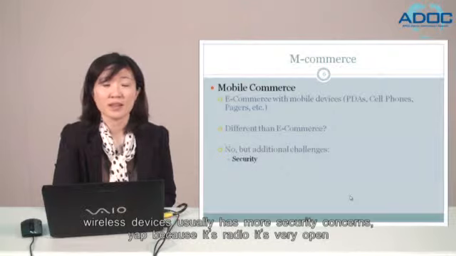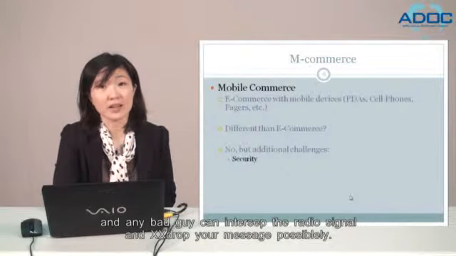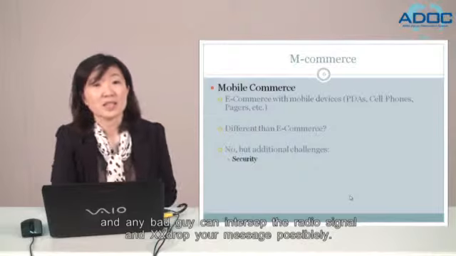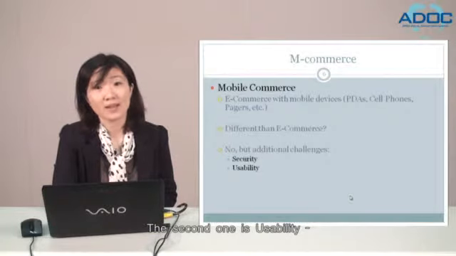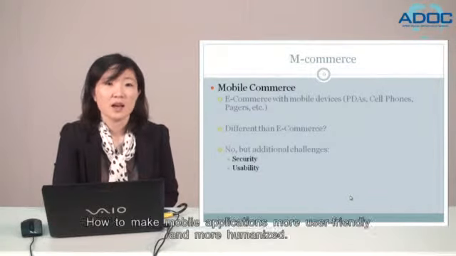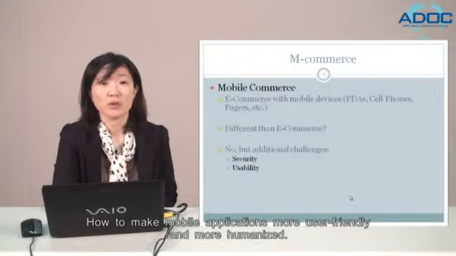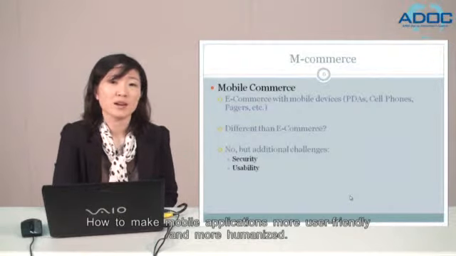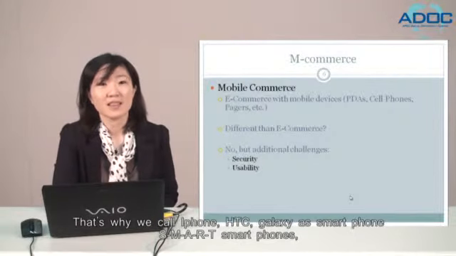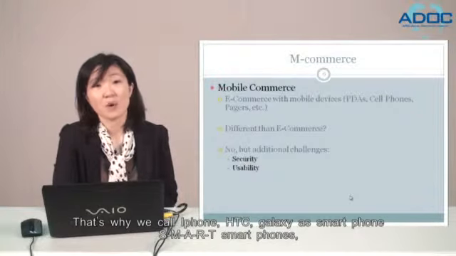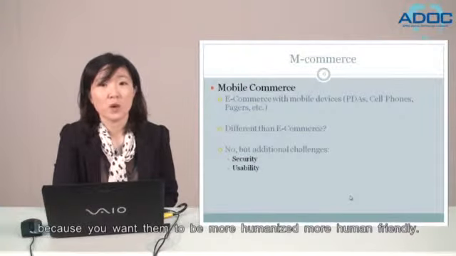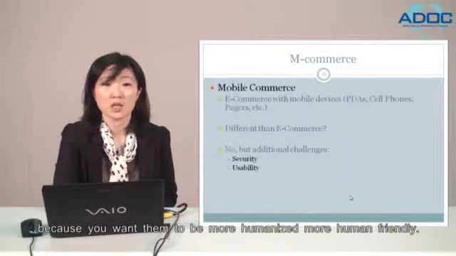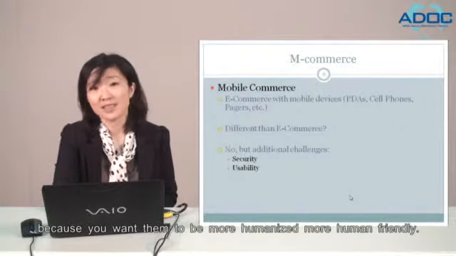It's very open, and any bad guy can possibly intercept the radio signal and eavesdrop on your message. The second one is usability. How to make mobile applications more user friendly and more humanized. That's why we call iPhone, HTC, Galaxy smartphones, because we want them to be more humanized, more human friendly.